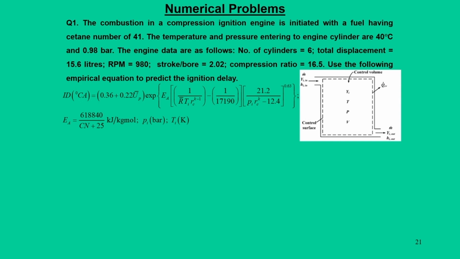In a compressed air medium, the fuel is sprayed. So, we can assume that some of the fuel is entering a combustion model, and we can assume this combustion chamber as a control volume.